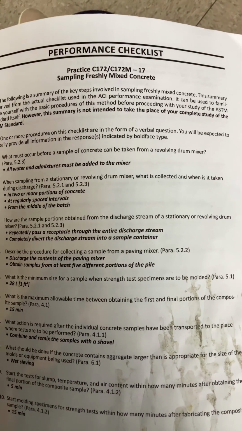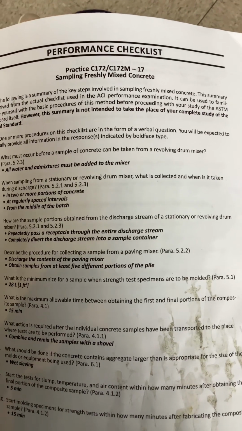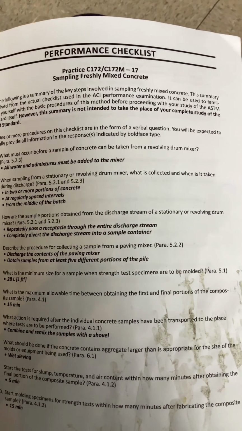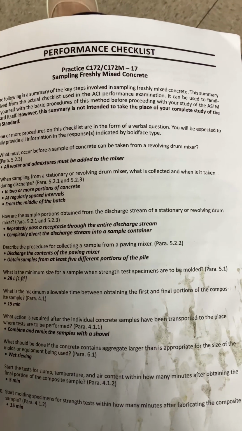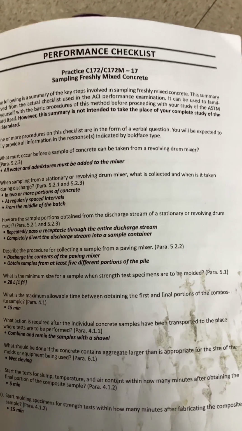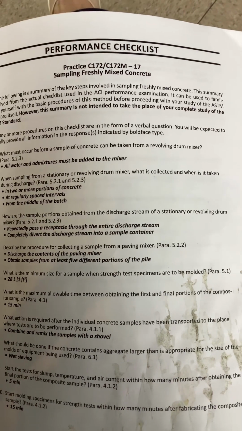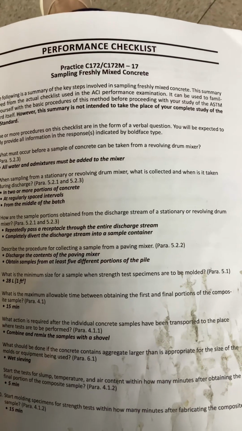Discharge the contents of the paving mixer and obtain samples from at least 5 different portions of the pile. What is the minimum size of sample when strength test specimens are to be molded? 28 liters. What is the maximum allowable time between obtaining the first and final portions of the composite sample?